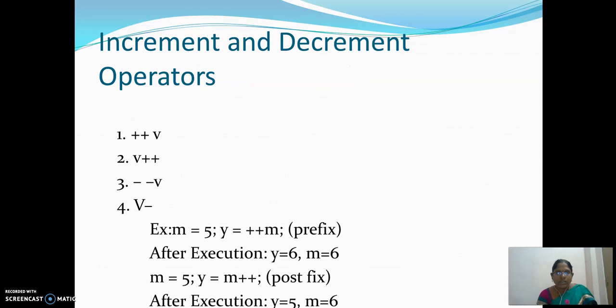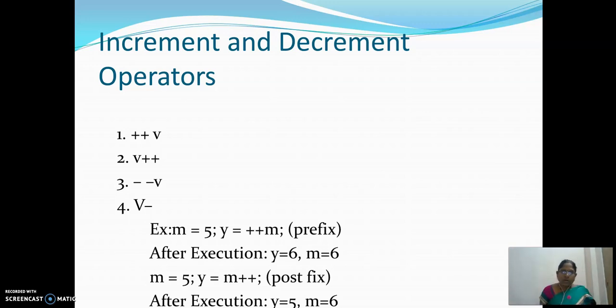Next, increment and decrement operators. Plus plus is meant for increment, minus minus is meant for decrement. You have two forms of increment and decrement, which are pre-increment and post-increment, pre-decrement and post-decrement. What makes the difference between pre-increment and post-increment?